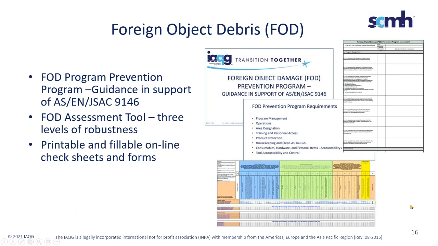In this case, this was written by the 9146 writing team. So the standard writing team got together and said, we need some more guidance to help implement this requirements document. And they've come up with the different presentations and tools and questionnaires, and we were able to then put it into the SCMH.